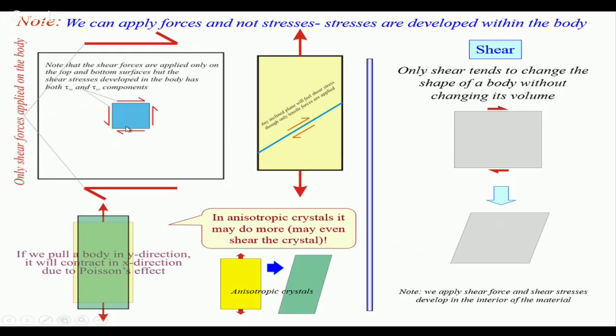You may ask why there are two sets. If you take moment about the center of this square, the whole square element must be in equilibrium. That is the reason complementary stresses come into play, and it doesn't cause any net moment inside the body.